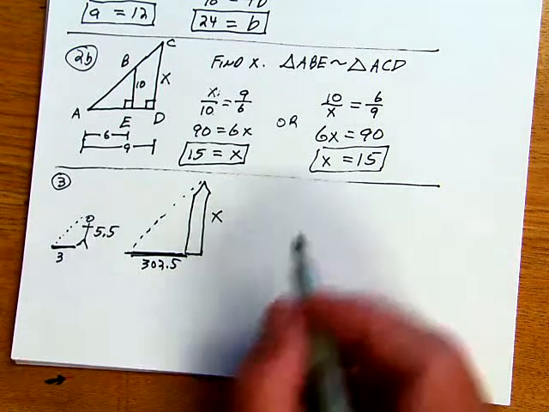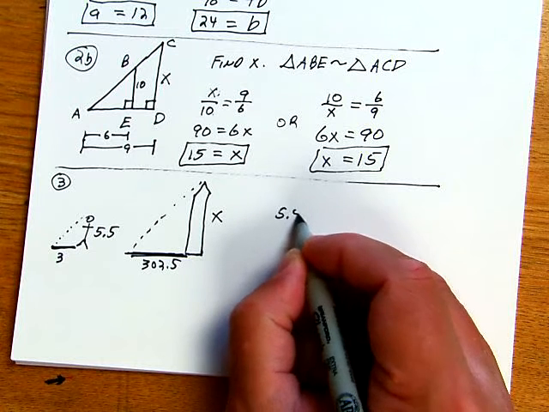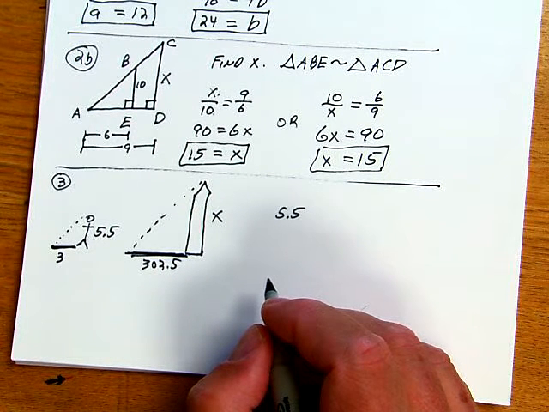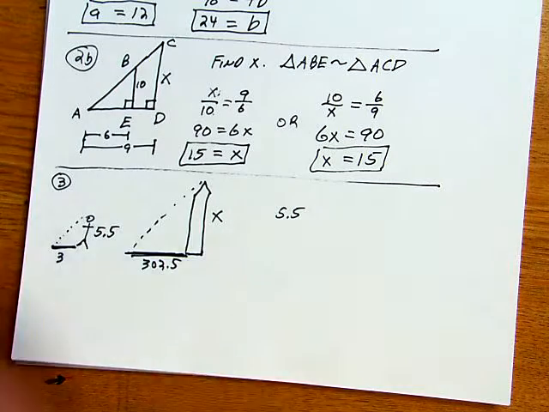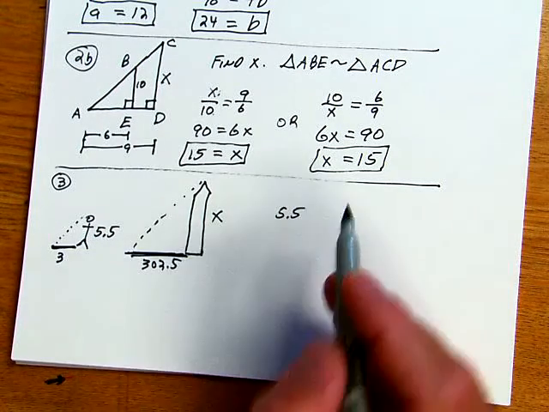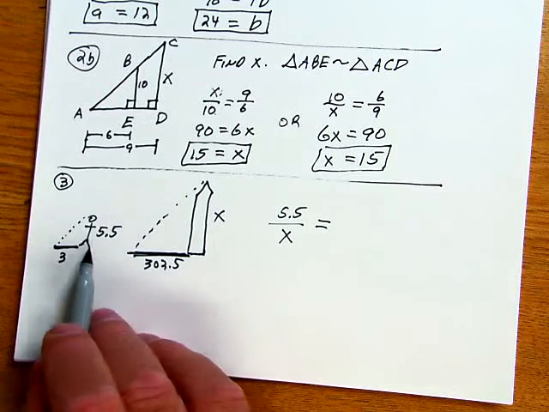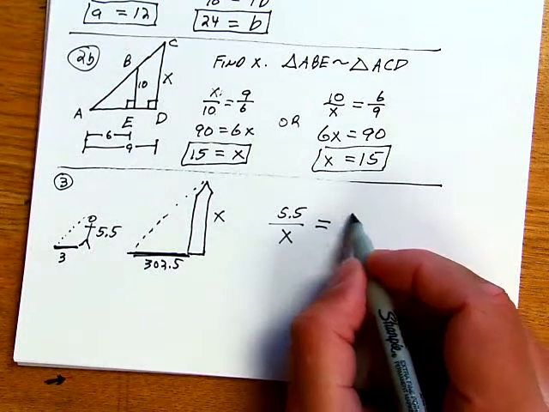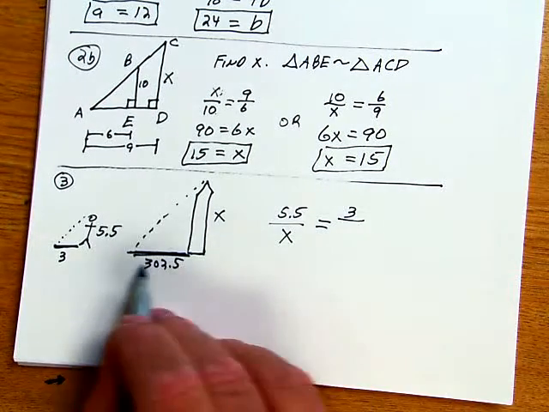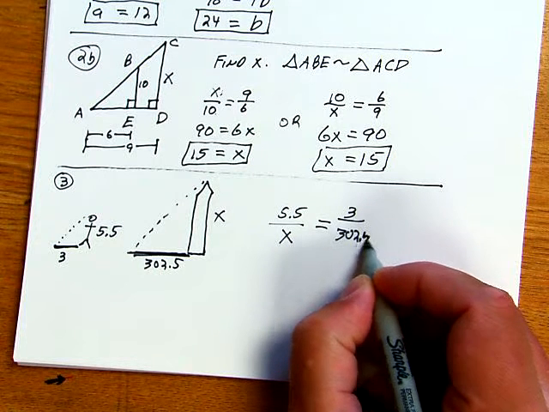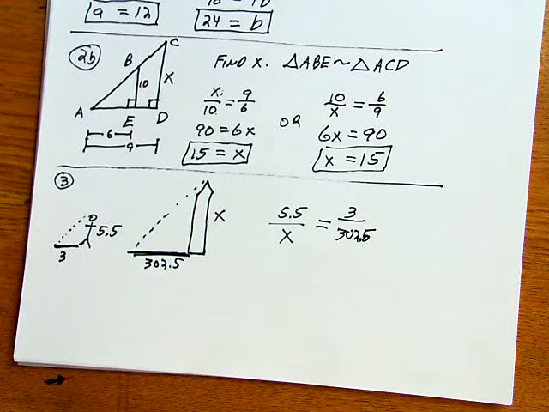We know that Janelle, 5.5 feet over her corresponding side is x on the Washington Monument. And here, we'll say 3 is her shadow, and the shadow of the Washington Monument is 302.5. Okay, so now what we'll do is cross multiply.